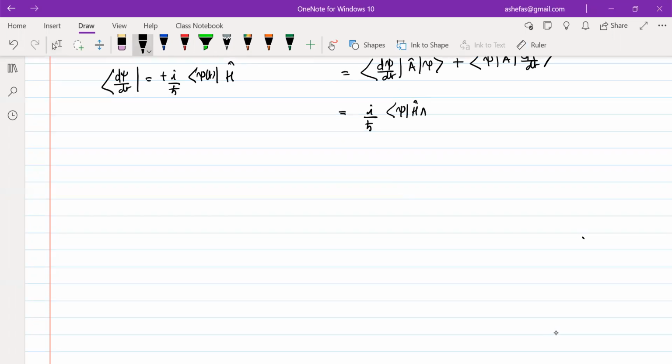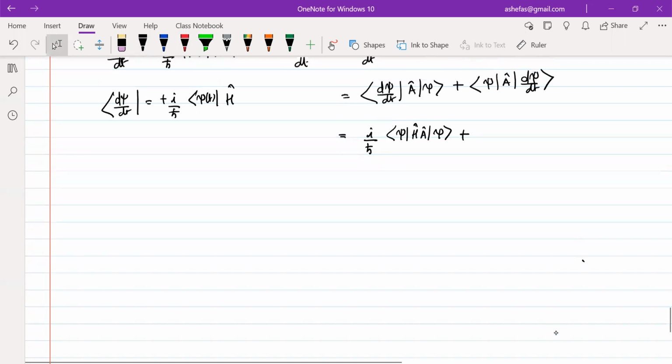Therefore the first expression we can write as i by h cross psi H A psi, plus psi, and the d psi by dt can be written as minus i by h cross psi A H psi.